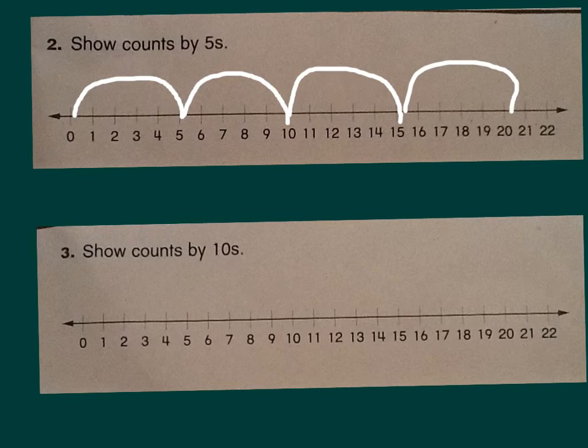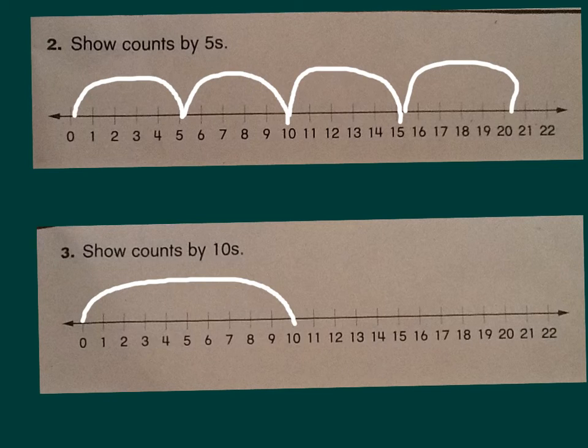We need to start again at 0, and this time we're going to count by 10. So we need to start at 0 and count 10. 1, 2, 3, 4, 5, 6, 7, 8, 9, 10. So I'm going to get my pencil, start on the 0, and draw a big jump all the way to 10.